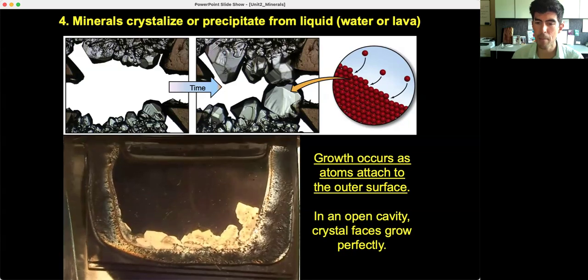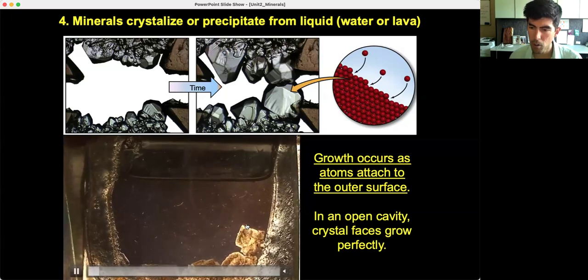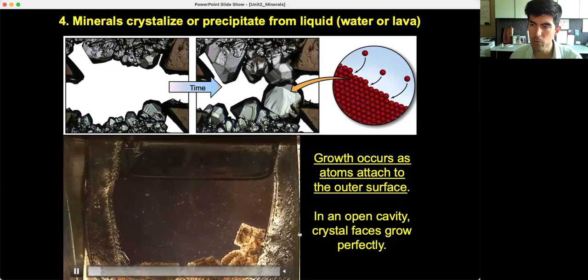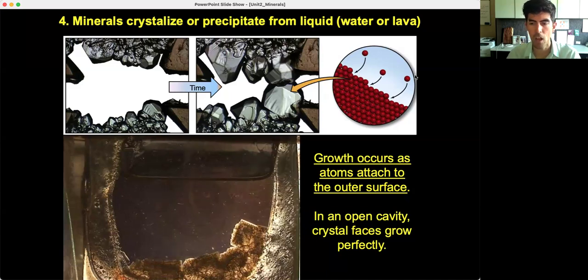And as the temperature changes in the solution, the minerals will begin to grow along these edges. And those are occurring because different atoms are bonding to the surface of the mineral. The conditions within the fluid are not great for those atoms to remain in the fluid.